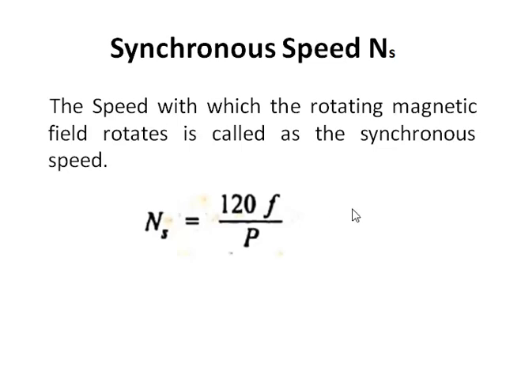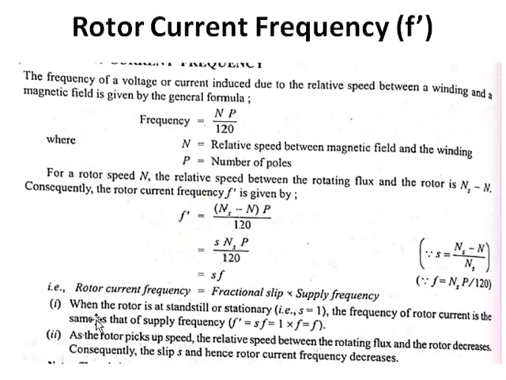And what is f? f is the supply frequency. And how do we get the supply frequency from this equation? f is equal to Ns into P divided by 120. That is what we are going to replace here. See, f is equal to Ns P divided by 120, so this Ns P divided by 120 is replaced with f. So what is the formula? f dash is equal to sf.